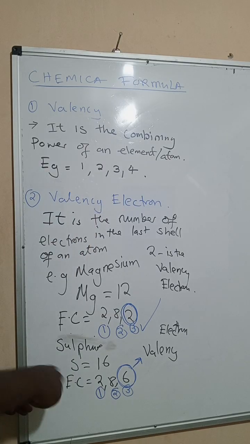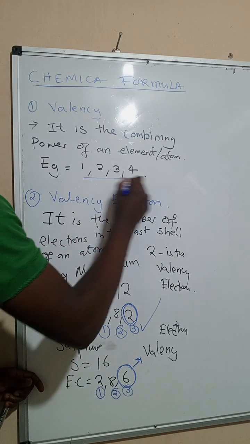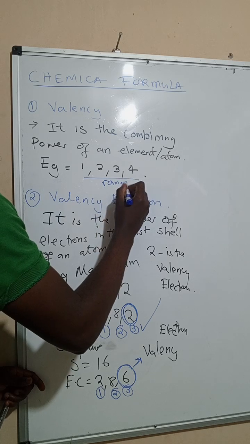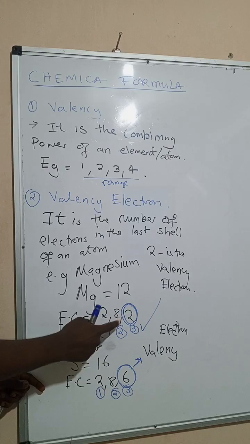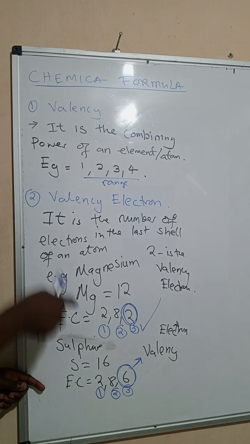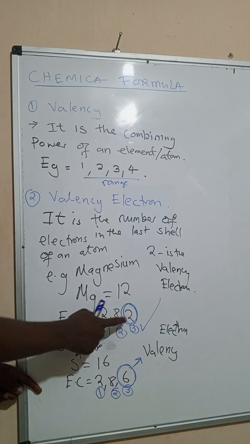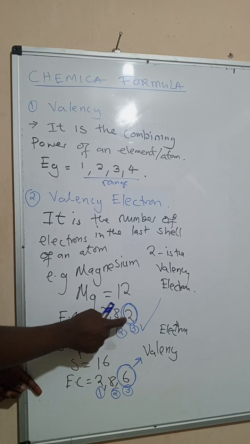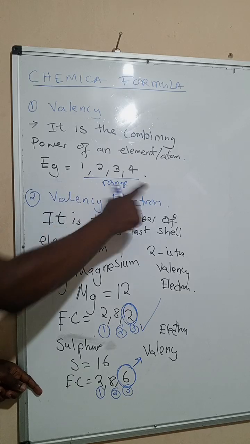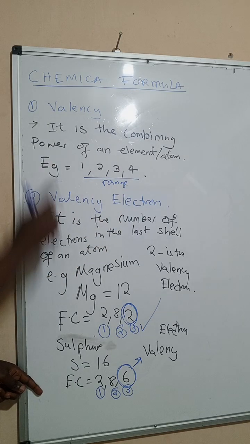Valencies range from 1 to 4. So 2 is both the valency and a valence electron, because it is in the last shell and also in this range.